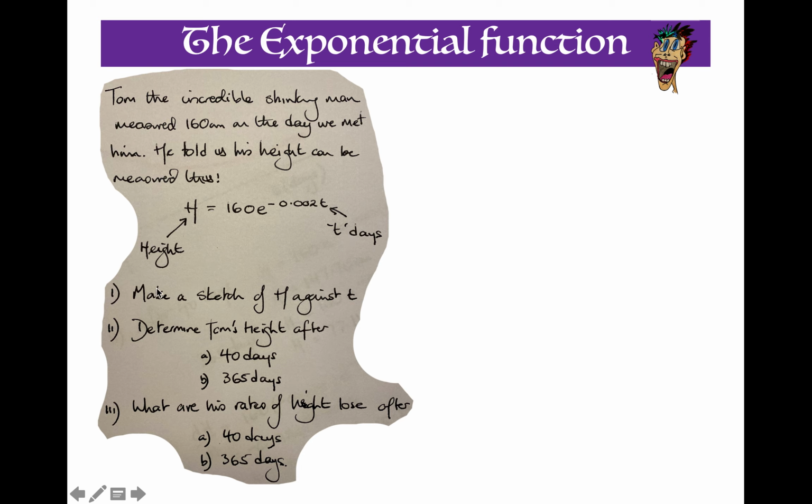Firstly, you're asked to make a sketch of h against t. Secondly, determine Tom's height after 40 days and after 365 days. And lastly, measure the rate of his height loss after the same 40 and 365 days. Again, you can pause it and I'll show you the answers in a second.